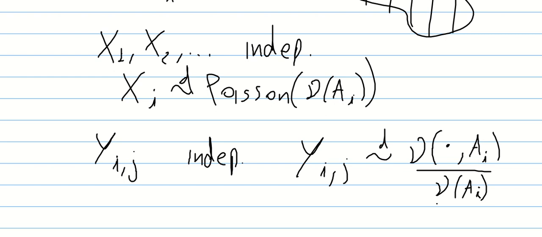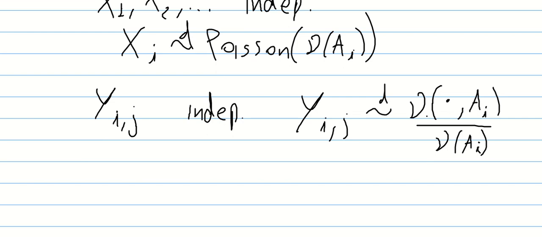So this is a probability measure. You can define it more carefully if you want, but I think it's clear enough. This is a probability measure that has support on A_i. It's essentially ν conditioned on A_i.